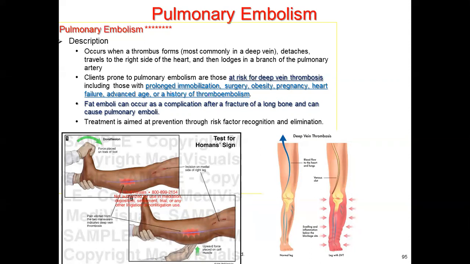In this picture, you can see a simple test we can do at the patient's bedside called the Homans sign. You see this is the calf muscle, right? The classical finding is calf pain on dorsiflexion of the foot with the knee straight.